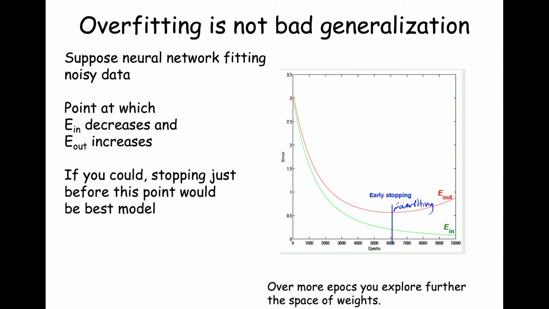Now, if you could only recognize this point and stop and output the current version of your neural network hypothesis, working hypothesis, as our final best hypothesis, that would be the ideal situation. And so the more epochs you run for training the neural network, the more you explore different parts of the space of weights, i.e. your hypothesis set.